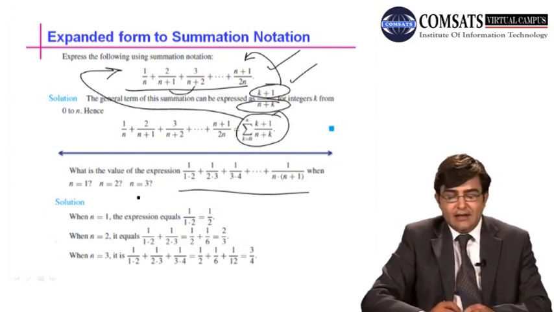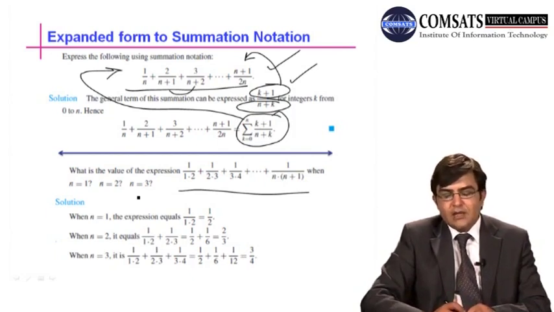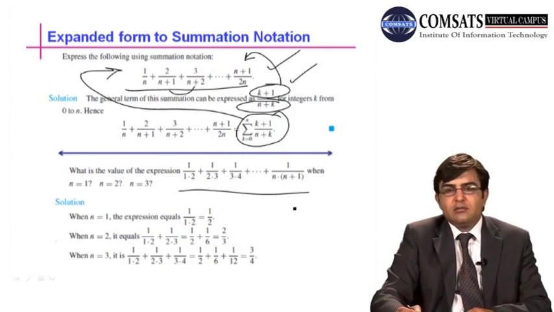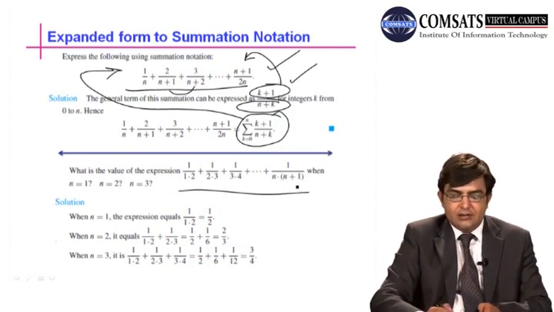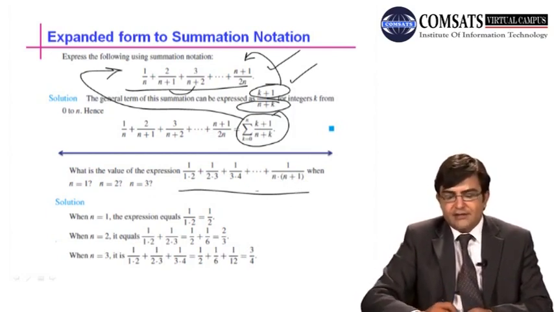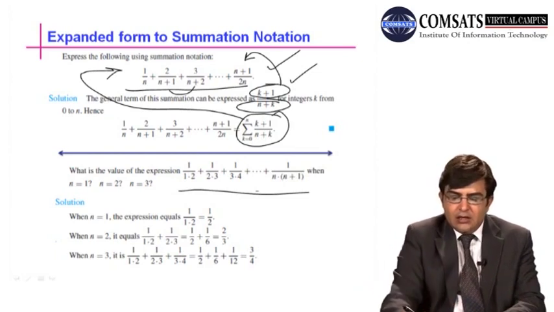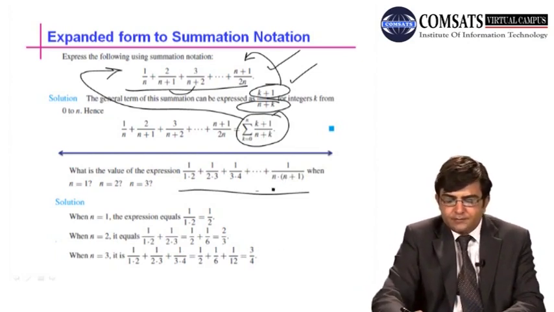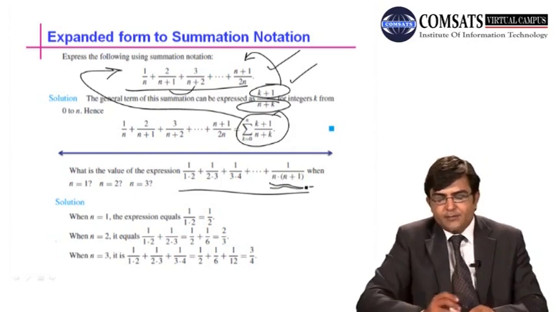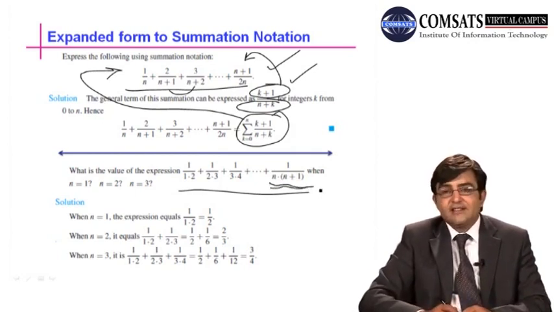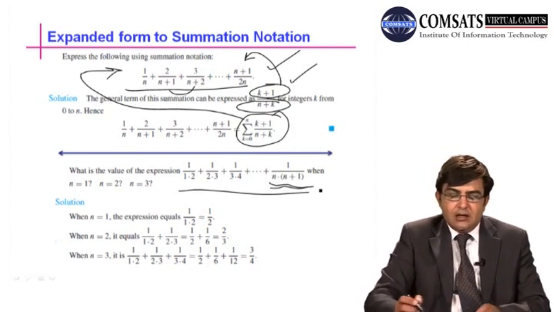This is again an important point here about this summation notation and sequences. Either it is a sequence or it is a summation, we do the same process. When n is equal to 1, we can obtain the general term, or you can say the nth term of this summation.